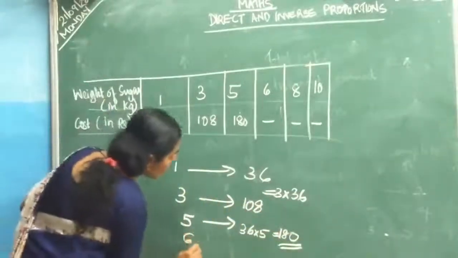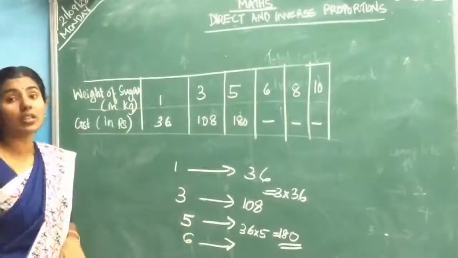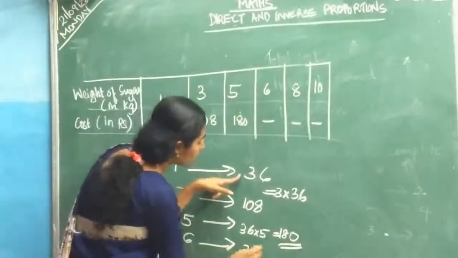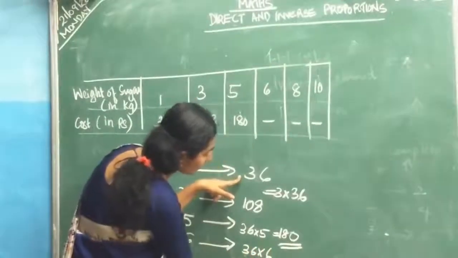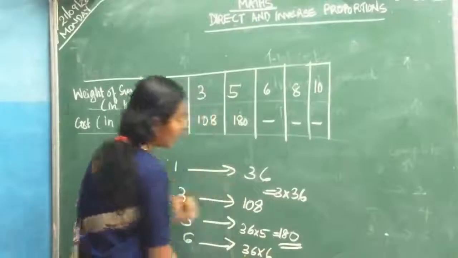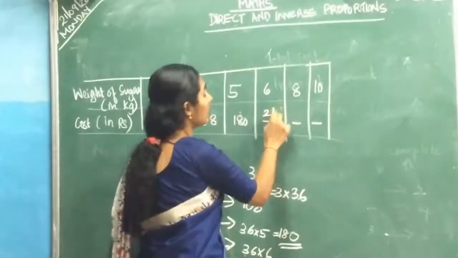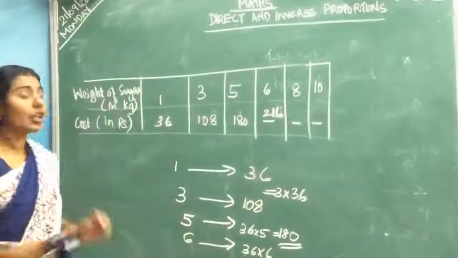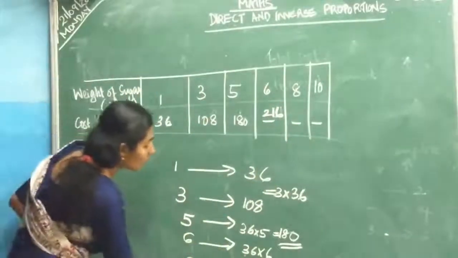Now, to find the cost for 6 kilogram, what will you do? You should multiply 36 by 6. So what is the answer? 216.